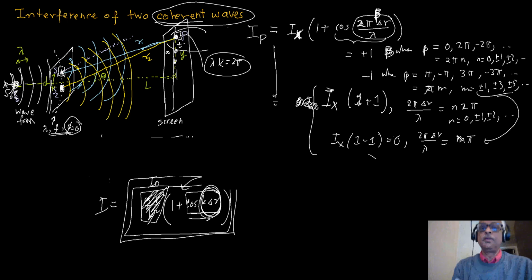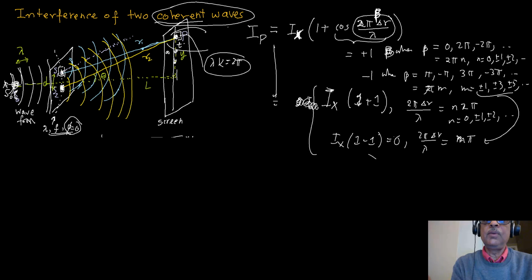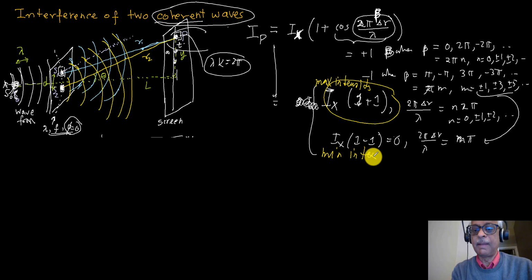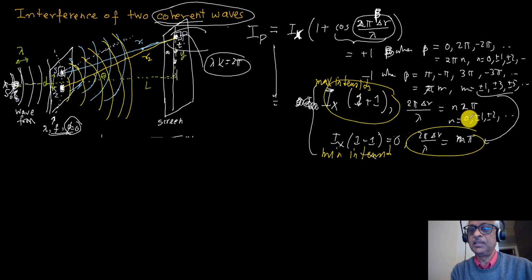Okay, let me erase some. So now we have our formula. So these are going to be maximum intensity, and this is going to be minimum intensity, and this tells us where those things will be. These are the conditions for where this will be.